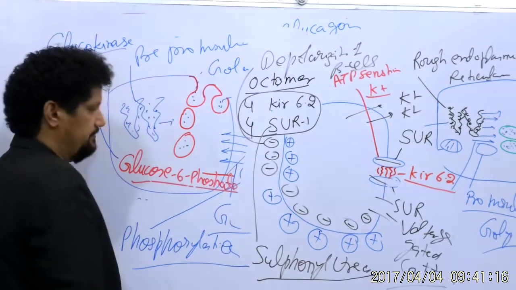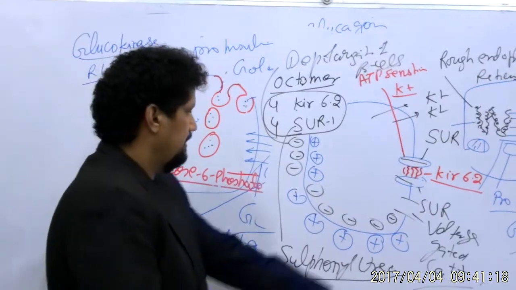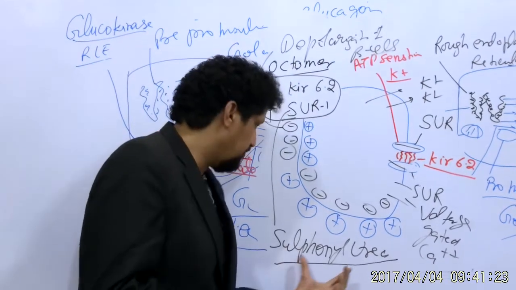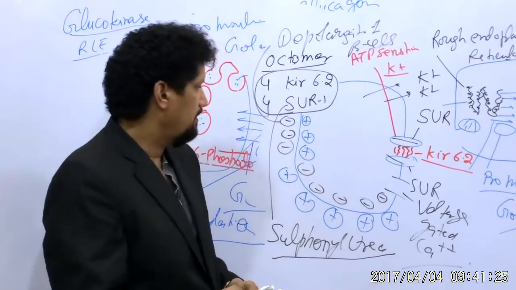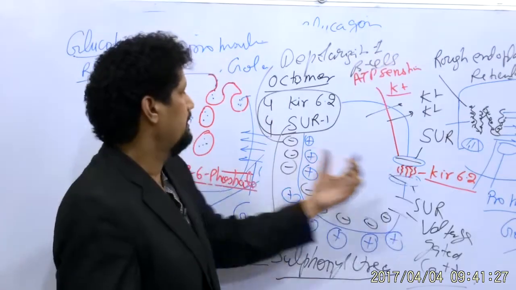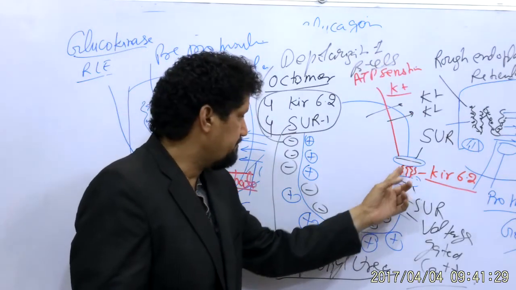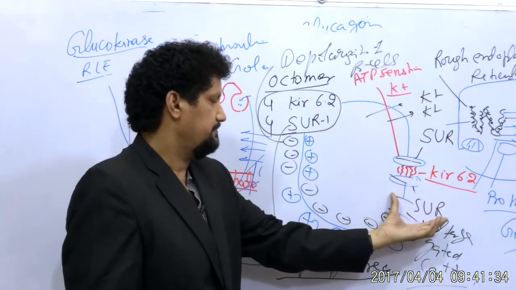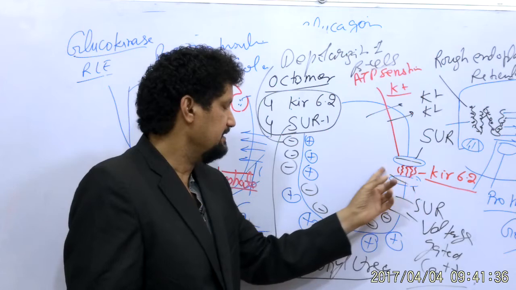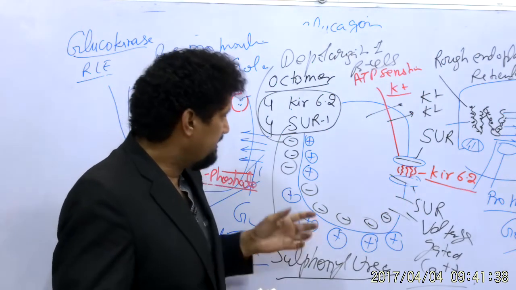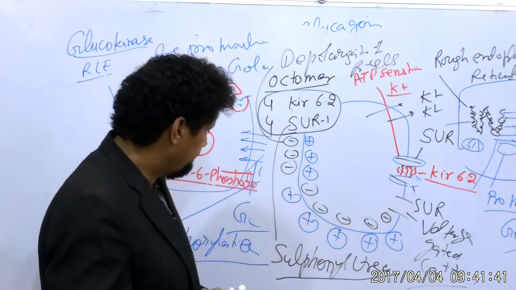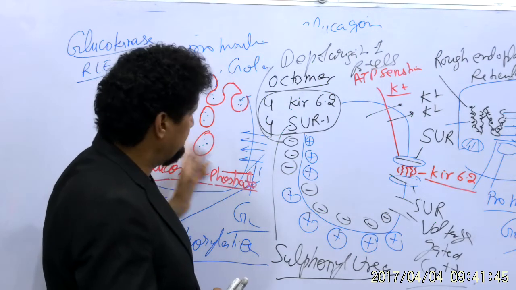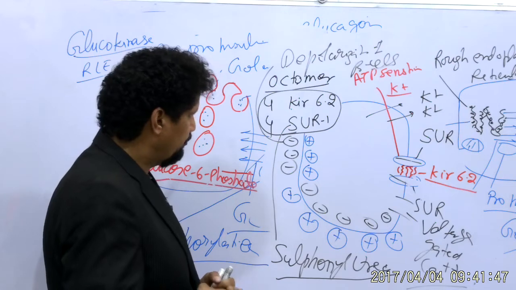I will talk about these medicines later in a separate lecture on the oral hypoglycemics. These sulfonylurea group of medicines act on the SUR receptor of the ATP sensitive potassium channels. They will close these channels and increase the secretion of the insulin. So, this is the mechanism of the secretion of the insulin.